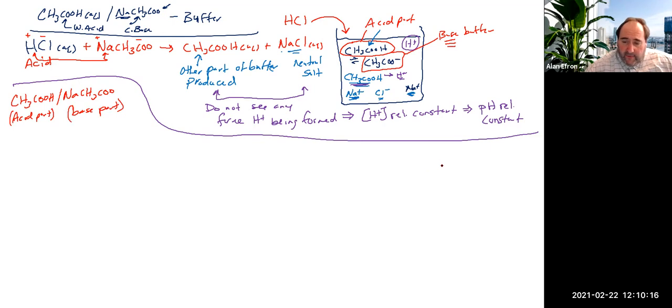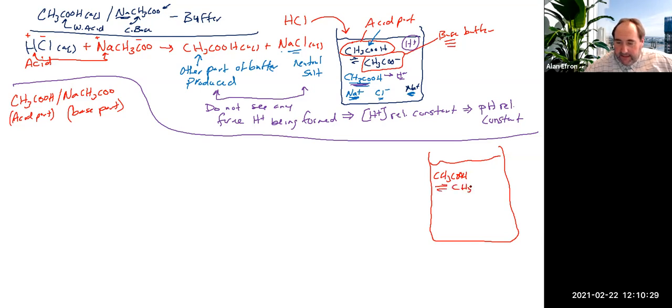Just like before, if we draw our little beaker, we essentially have our acetic acid in there, and our acetate in there. It also has a little bit of H plus to begin with, and we have some sodium ions floating around. That's just our normal starting point.